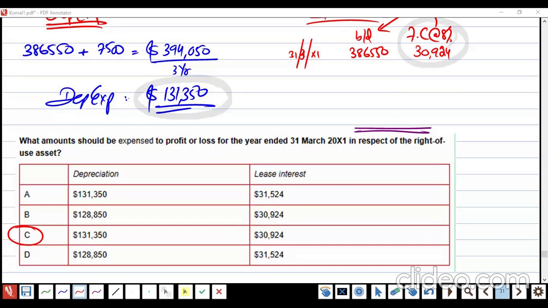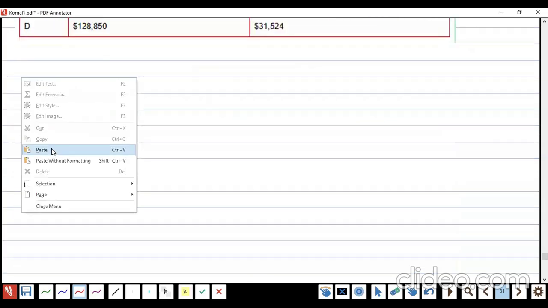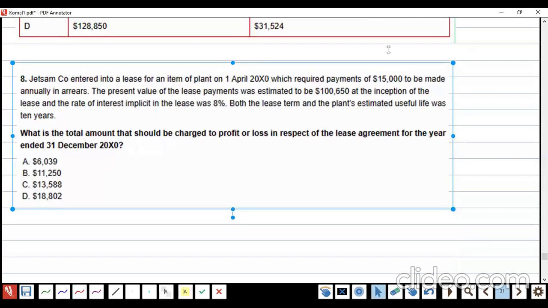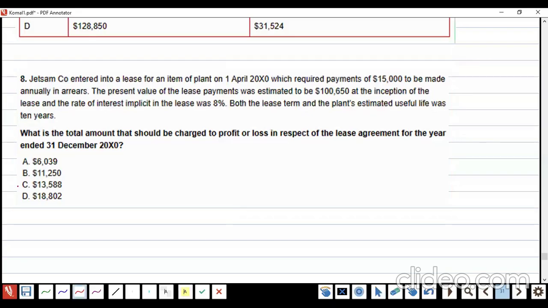Now I would like to get the answer of the next question from your side. Can you try for me, please? So you got C. How? Explain. So depreciation is 100,650 divided by 10, because useful life and lease term is 10 years. And then the finance cost for the first year is 8% of 100,650.